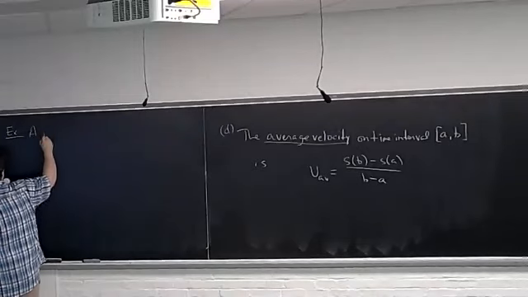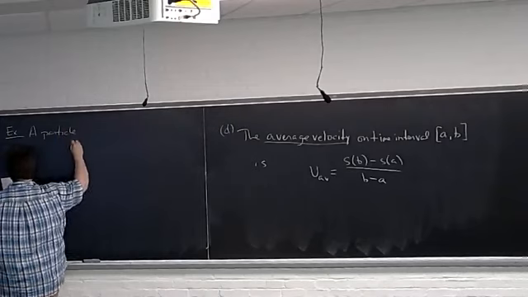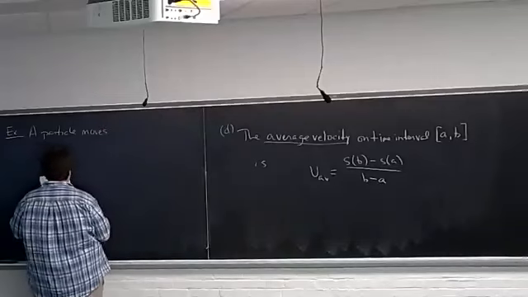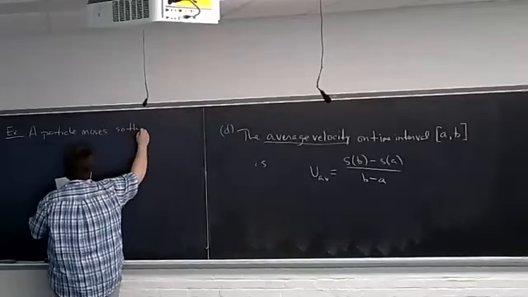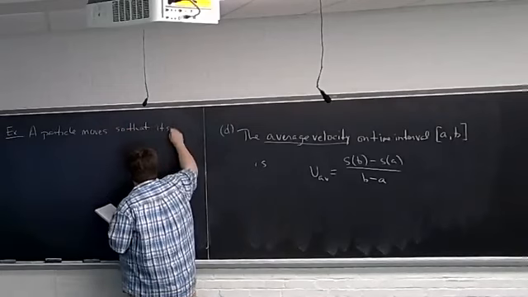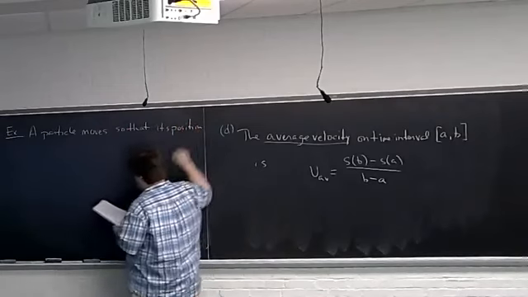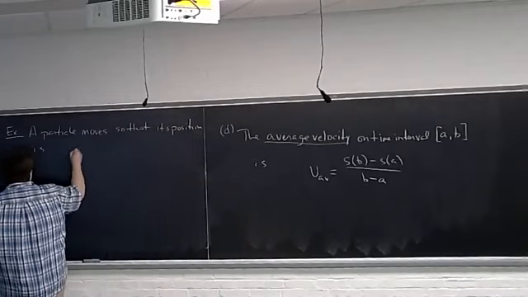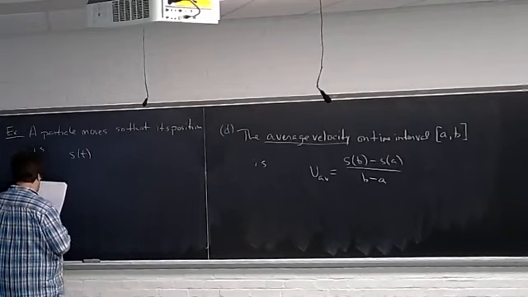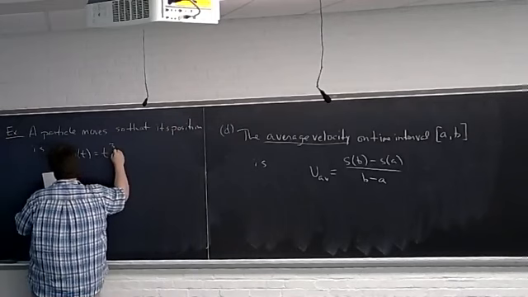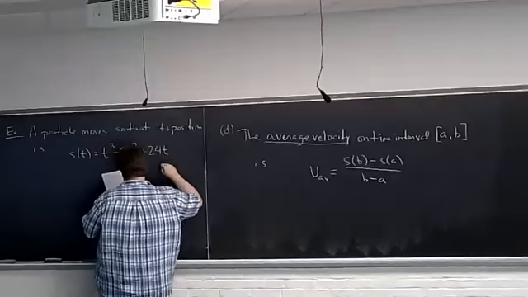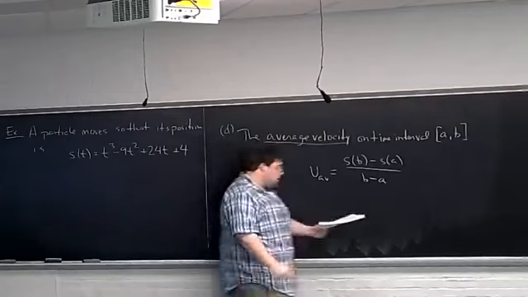A particle moves along an axis. Let's just say it moves so that we're only using functions of one variable, so it's moving on an axis, so that its position at time t is given by this function: t cubed minus 9t squared plus 24t plus 4, for t greater than or equal to 0.